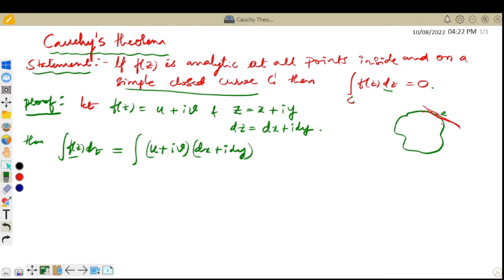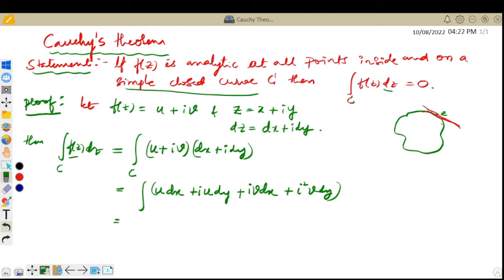I want to prove that this is equal to 0 over the curve C. Multiplying first, u into dx is u dx, plus u into i dy is i u dy, plus i v into dx is i v dx, plus i into i is i squared, so i squared v dy.